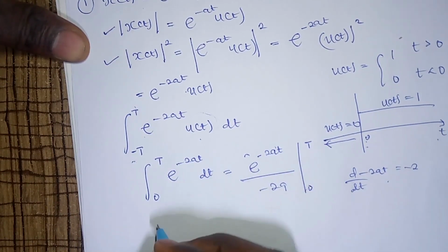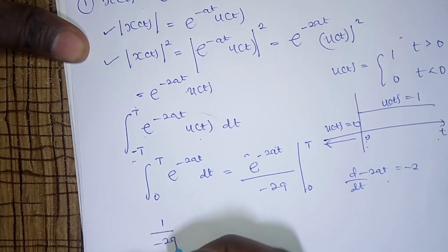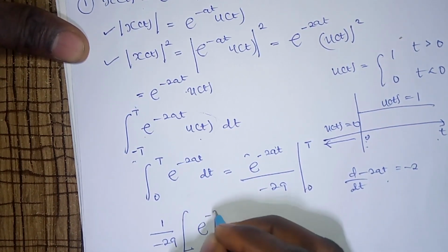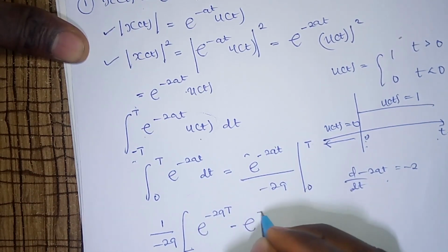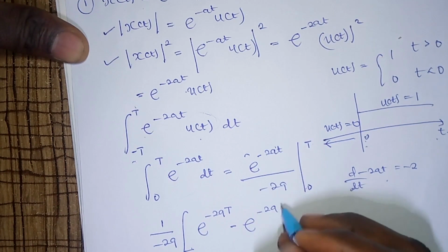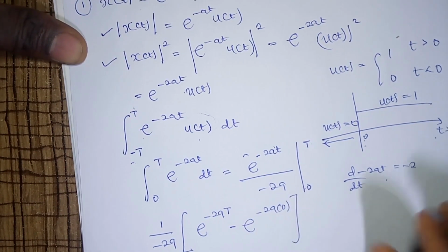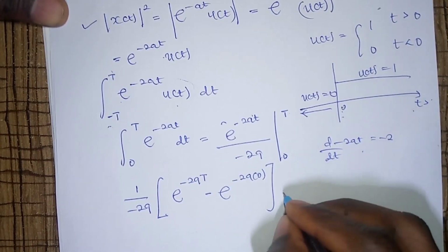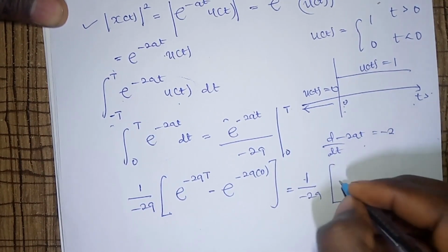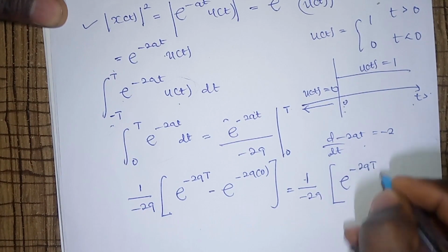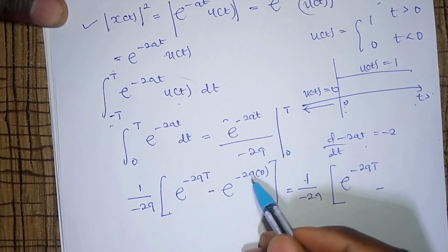So after you are done doing this, the next thing we need to do here is say, okay, 1 over negative 2a, e to the negative 2a, so we substitute t. Now minus e to the negative 2a, now we substitute 0. Right? So the next thing we got here is 1 over negative 2a, open bracket, e to the negative 2at minus this one, whatever times 0 is 0.